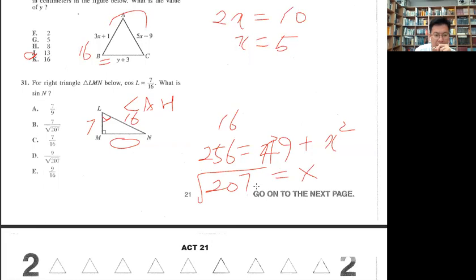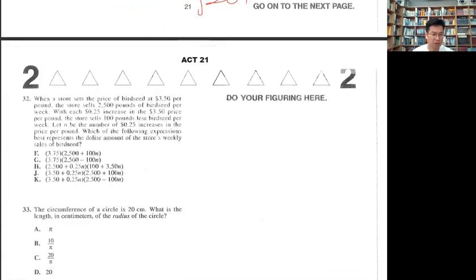This is x. Sine n is opposite over hypotenuse. 7 over 16. Oh, I don't need to do this. Let's move on to this one.